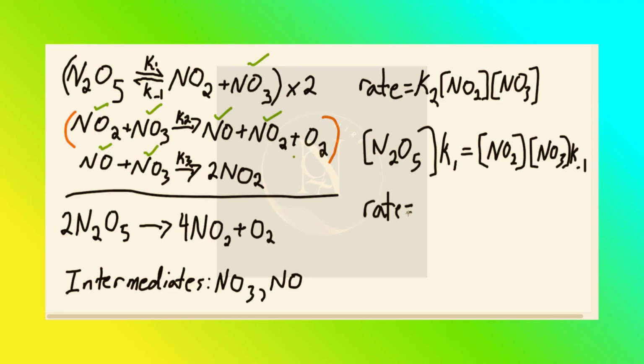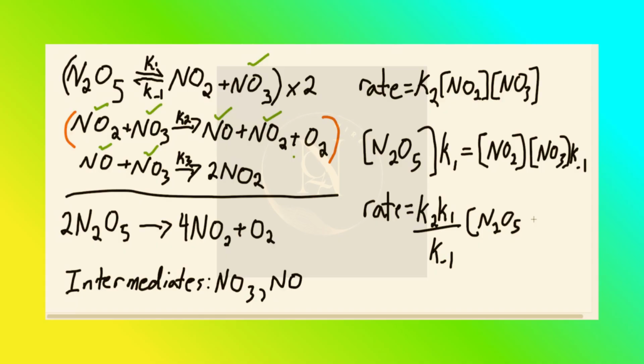Okay, so now we know the rate of our reaction as a whole, we can go ahead and substitute these guys here into here, and we'll say that our rate as a whole is going to equal K2 times K1, divided by K minus 1, times N2O5.